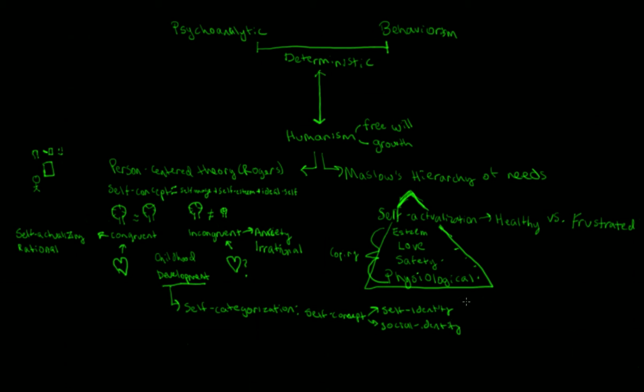So, our self identity, that's the I. That's what you use to describe yourself and only yourself. And our social identity is the we. It's the identity we share with the group that we're belonging to.